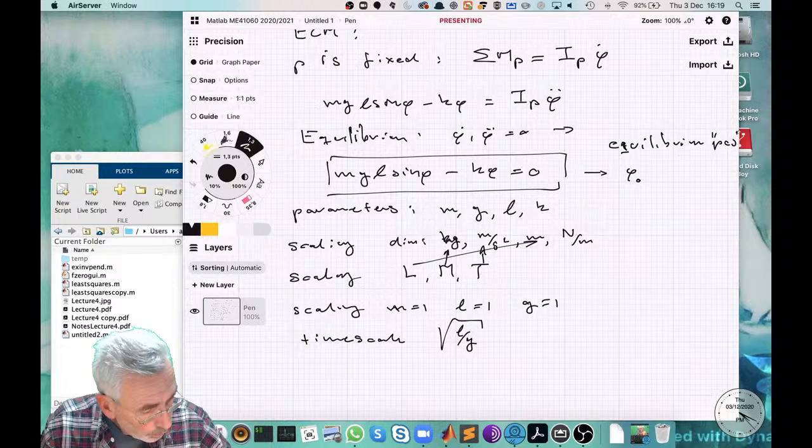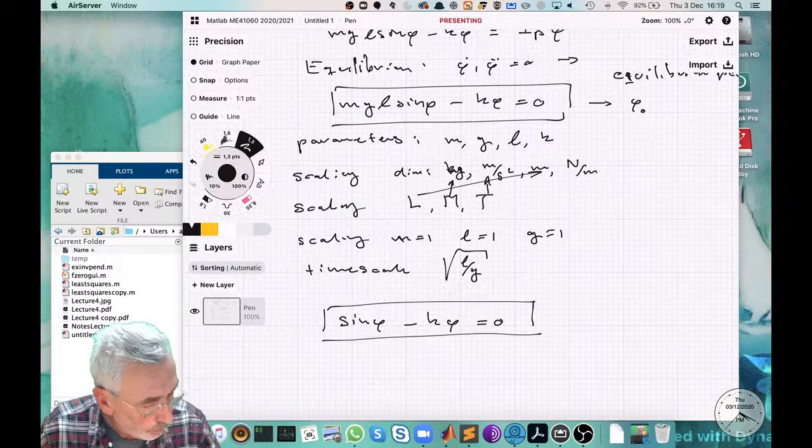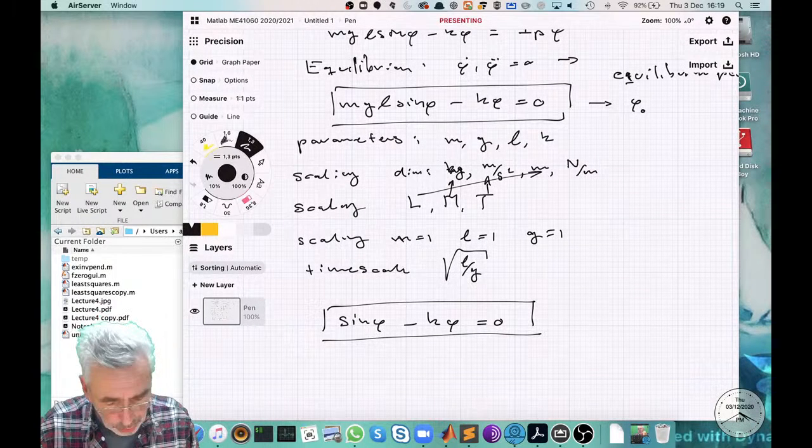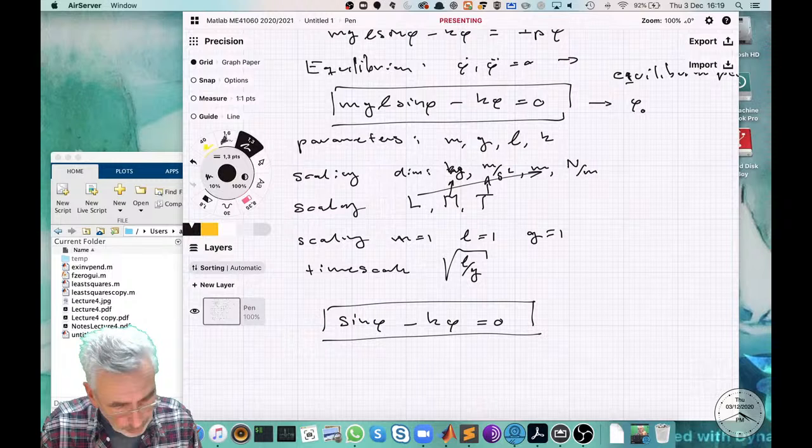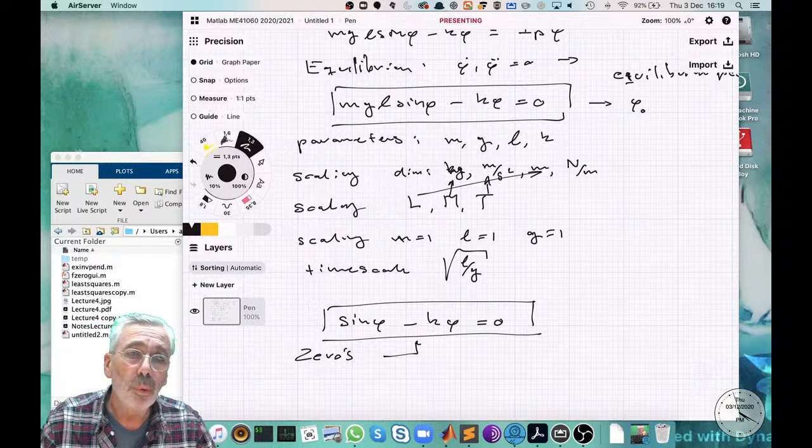And now we only have one parameter, and that is the scaled stiffness. That's a non-dimensional stiffness. And this is the equation we want to solve, and that is now finally where we come to roots and zeros, because we want to know zeros of this function. Now, since it's a very simple one, we can make a graphical interpretation of this already.